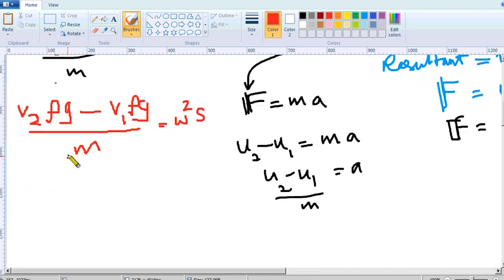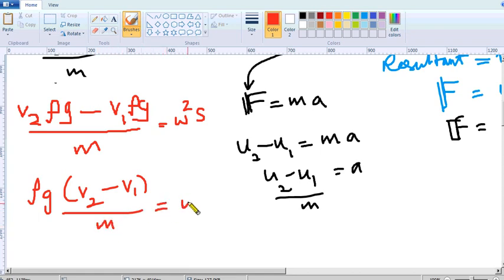So rho g common we can take out of the bracket: v2 minus v1 divided by m equals omega squared s.